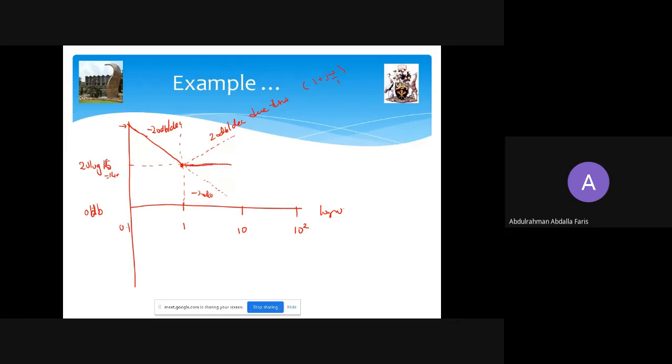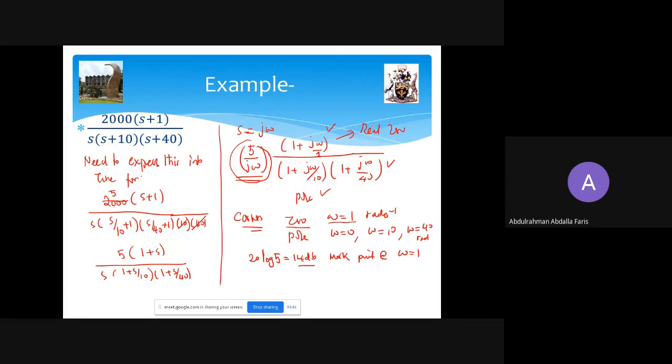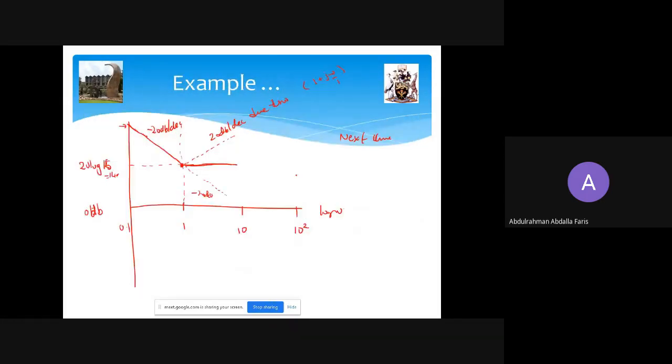So this line will go until it reaches the next corner frequency. Remember, the first one was 0, then 1, the next one is 10. So this line will go until it reaches 10. From there, we look at the contribution of this pole. Omega 10 is a corner frequency due to a pole.